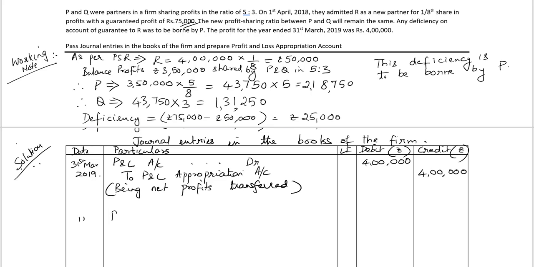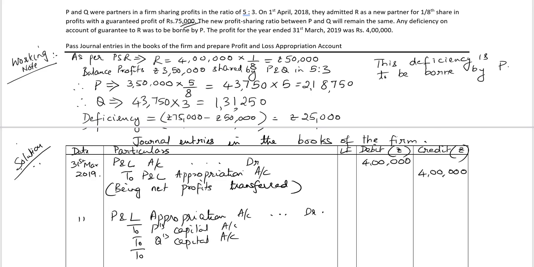Next journal entry, we'll distribute the profits to the partners in their profit sharing ratio. To P's capital account, to Q's capital account, and to R's capital account.